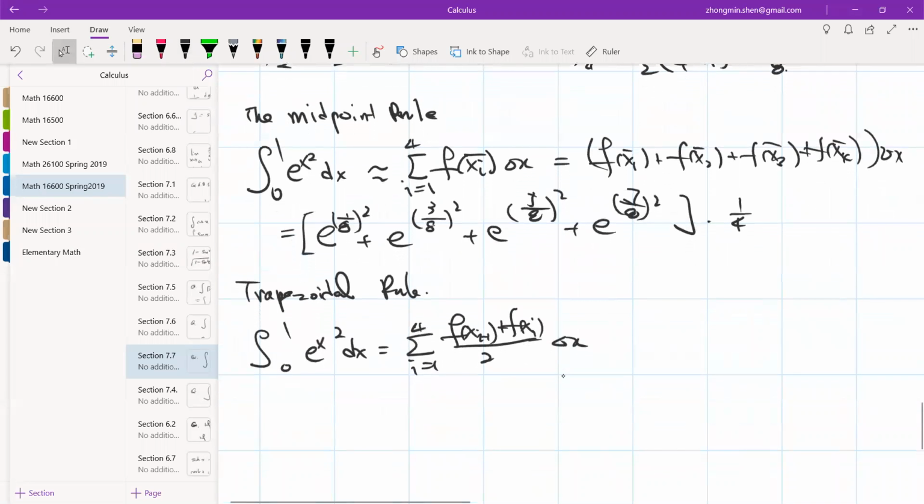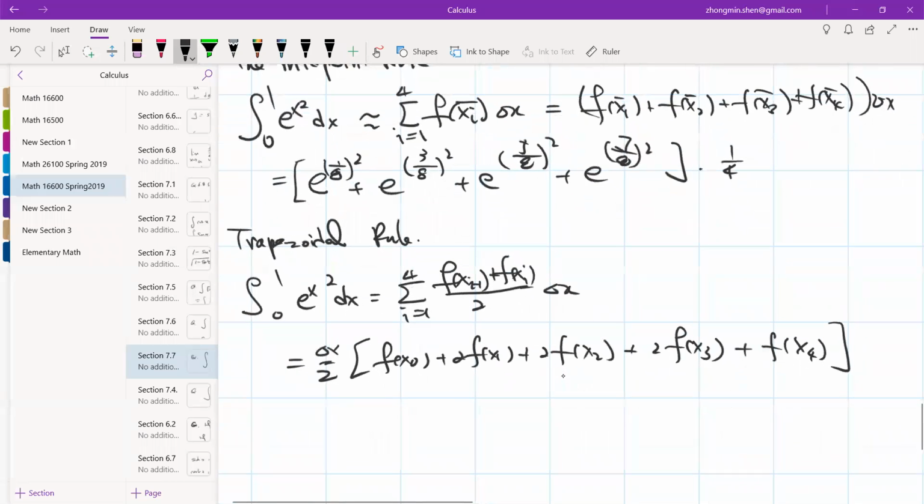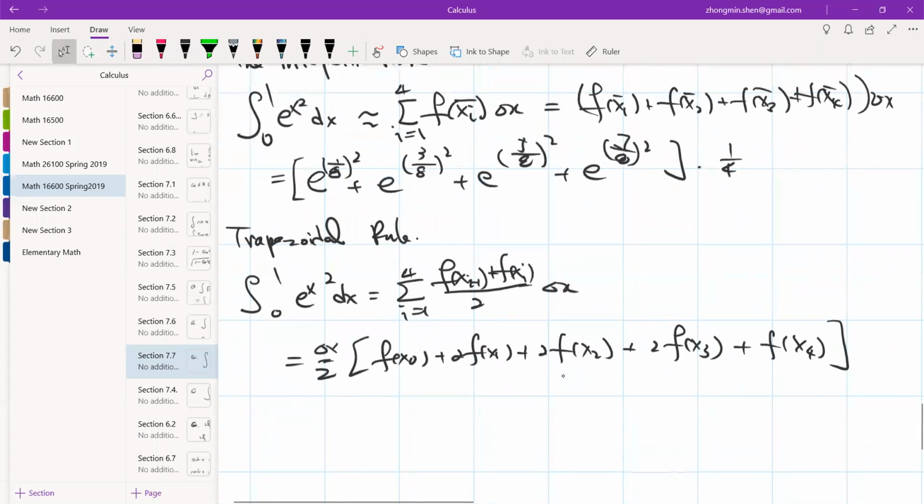But if you want to write down a little bit more details, this can be f of x0, and twice of x1, twice of x2, I think twice of x3, then the last term. All the terms in the middle twice. And delta x is 1 over 4, so divided by 2 is 1 over 8.